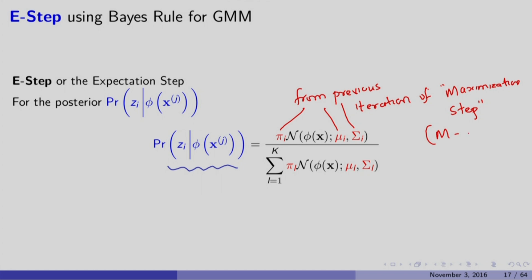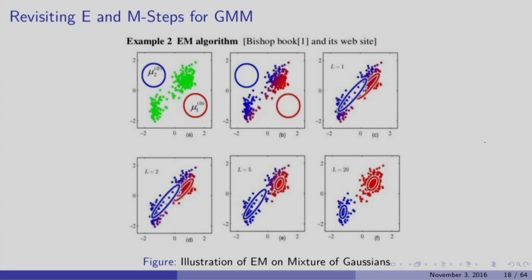Maximization step also has the name M step. Let's understand this with an example. To begin with, we initialize all the parameter weights. So we initialize the mu's for each class and the sigmas for each class, and this is basically step number 1.